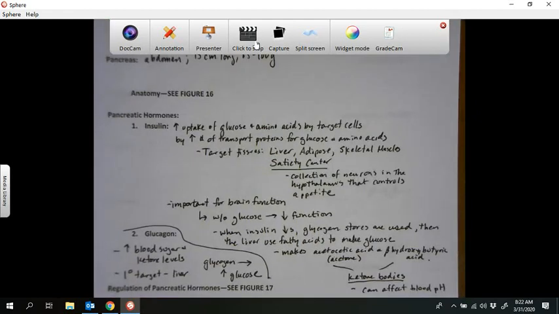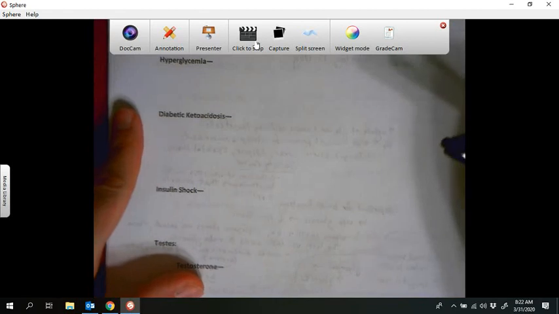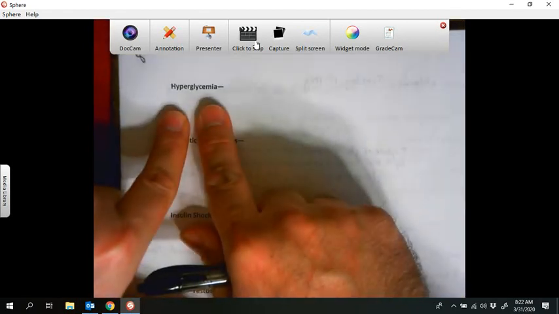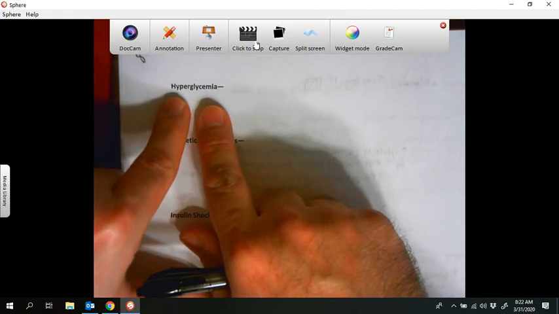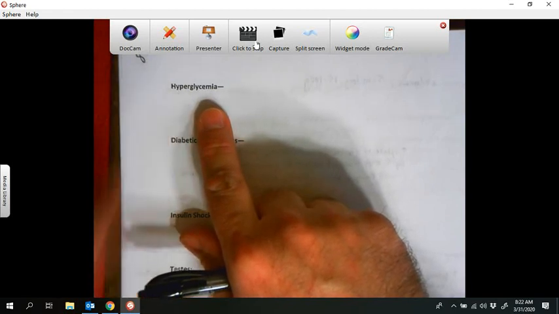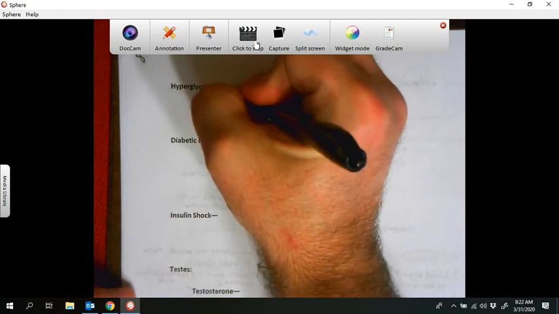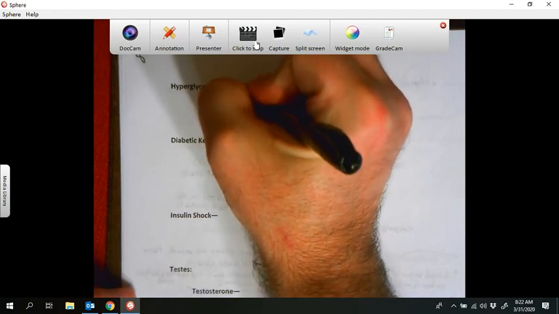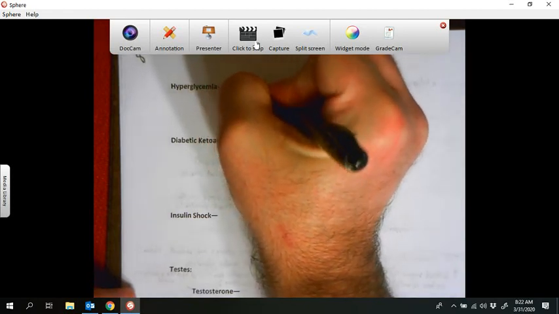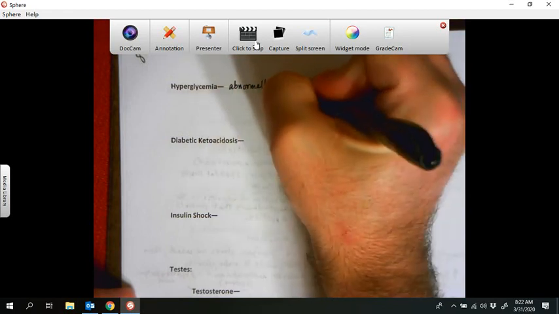We turn the page, we have a couple more situations that deal with the pancreatic enzyme or hormones. Hyperglycemia. So we see the word hyper in there. We know that hyper means higher. This is abnormally high blood glucose levels.